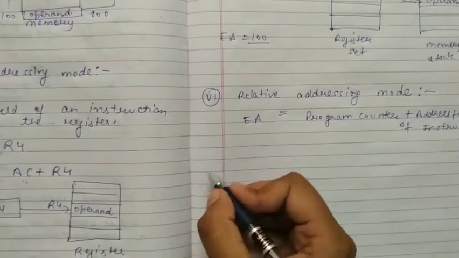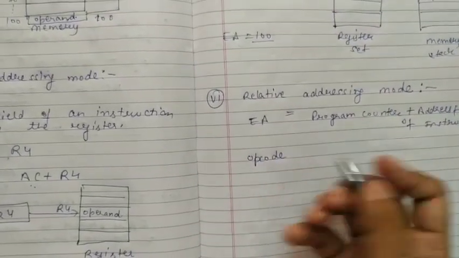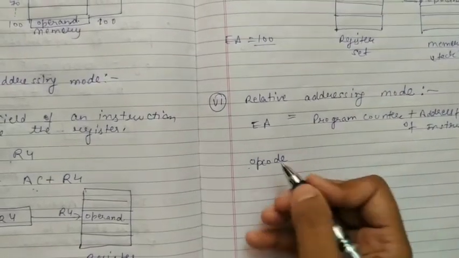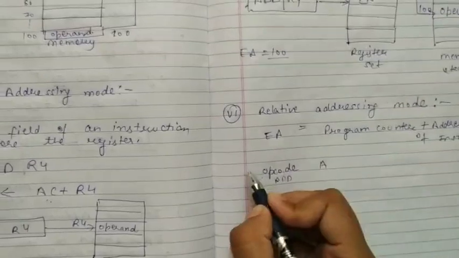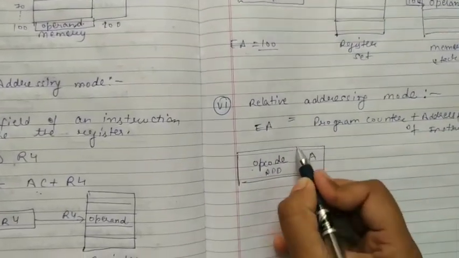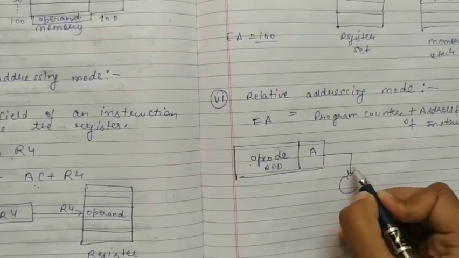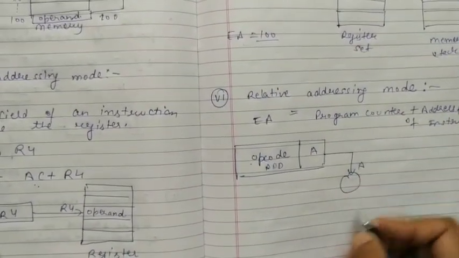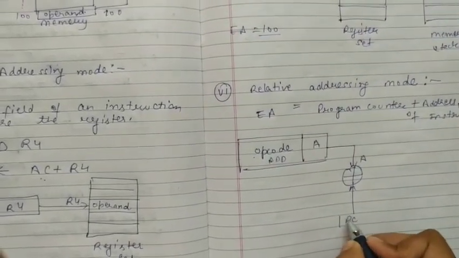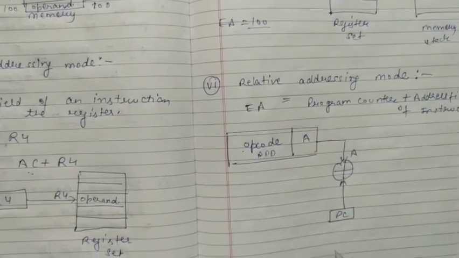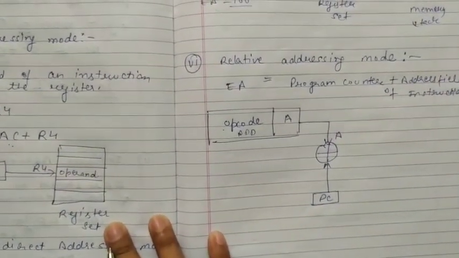How can we represent it? For example, here is our opcode, like add, and then here our operand. Then what will it do? It will add the operand A with the program counter. The program counter is a register in our computer system which stores the address of the next instruction to be executed.